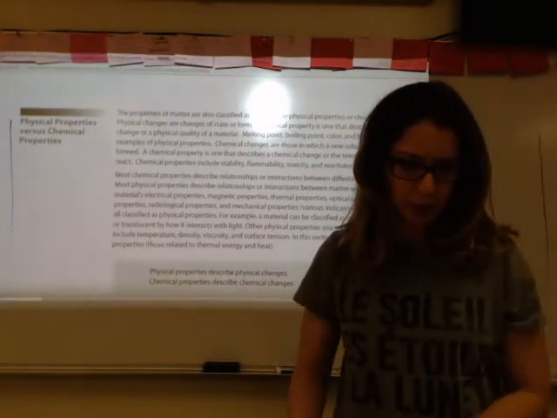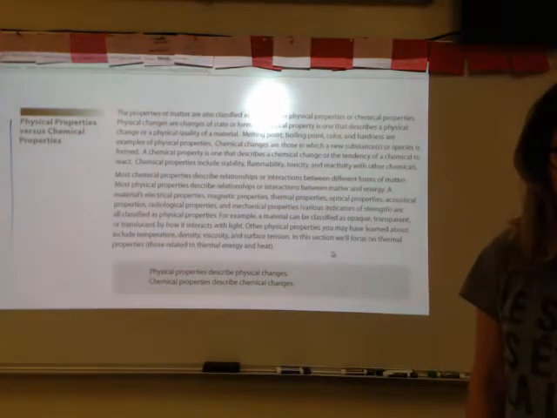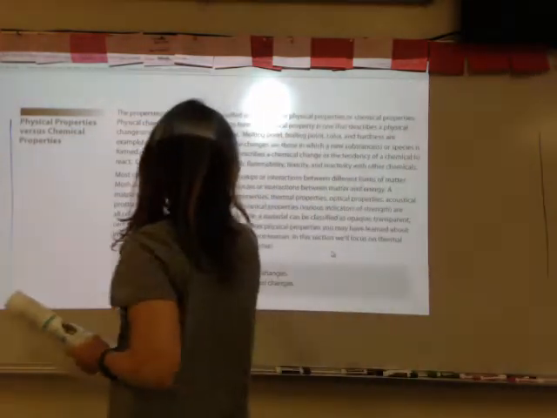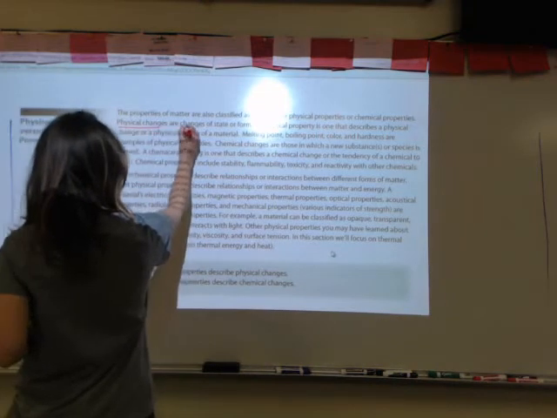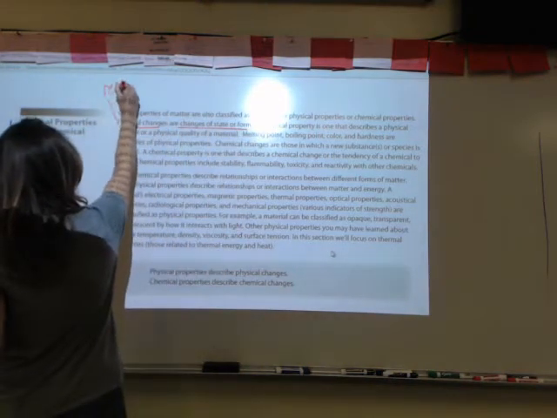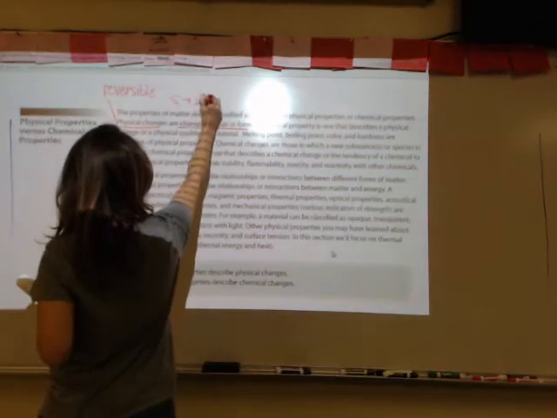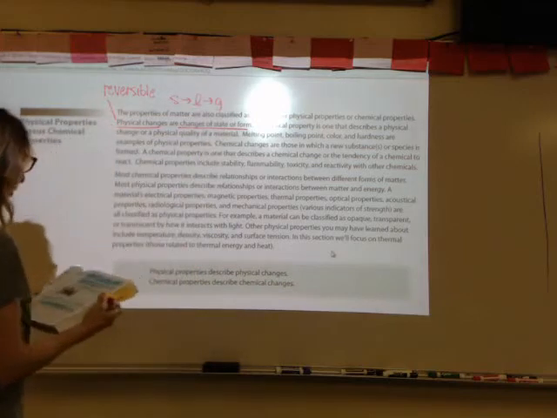So properties of matter are also classified as being physical or chemical. Physical changes are changes of state or form, and physical changes are reversible. So this is when you're changing between a solid, a liquid, and a gas.